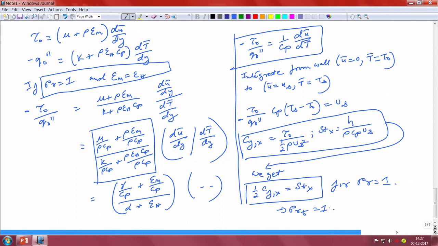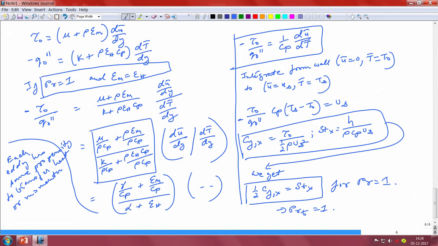So, in other words, what this essentially means is that from that expression, each eddy, okay, has the same propensity to transfer heat or momentum for the turbulent Prandtl number equal to 1.